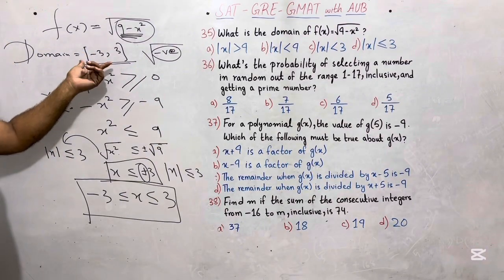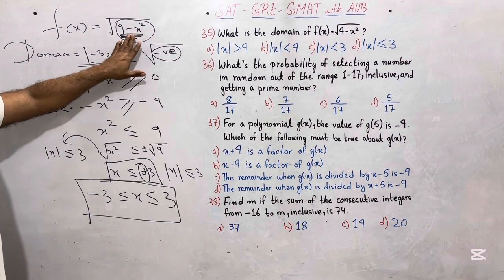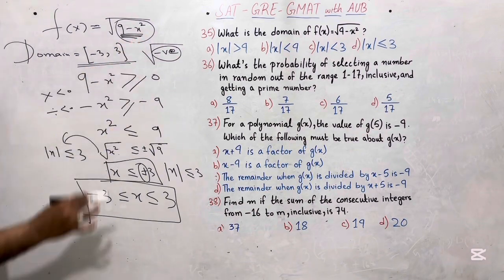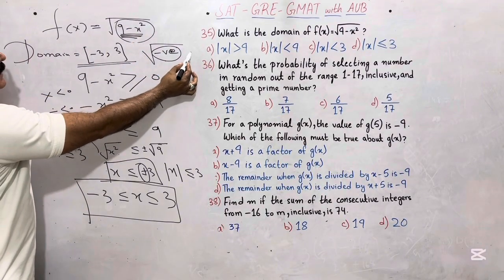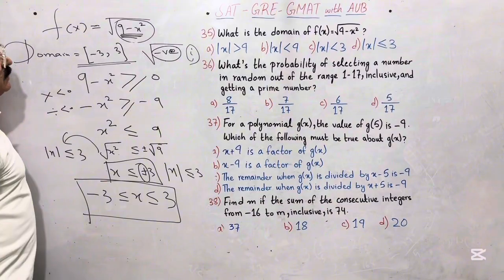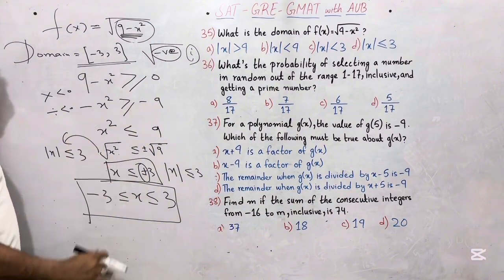Whenever you plug in any value from this interval, it will give you 0 or positive. It cannot result in a negative quantity, which leads to a complex or imaginary result.